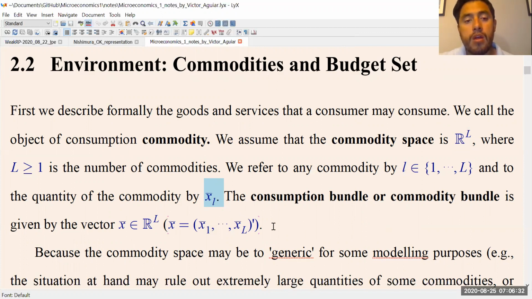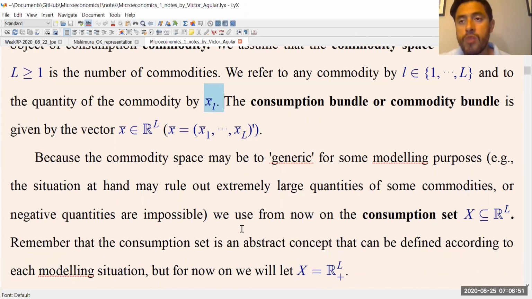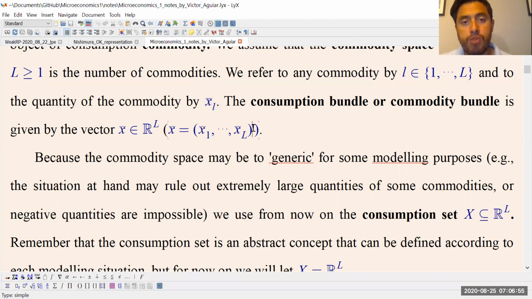Now, the consumption bundle or commodity bundle is a vector that belongs to the Euclidean space of size L, which is this vector of entries x1 to x capital L, the quantities of the different goods. All the vectors we consider here are column vectors, and this is a transpose symbol.